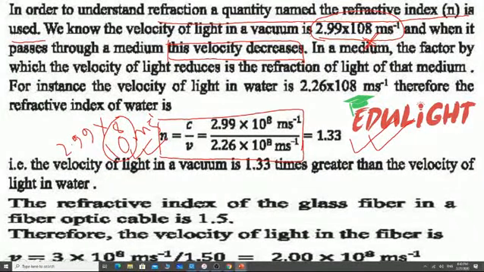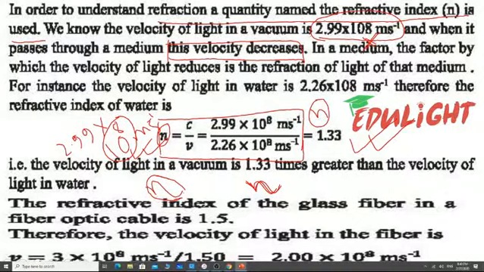Okay, this is a symbol which will denote the refractive index of any medium. But if you write n, it will not be wrong. Instead it will be correct, because it has been given in the book, expressed through n.